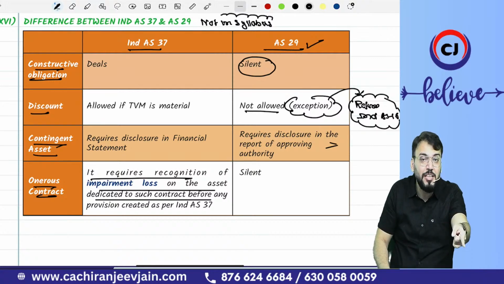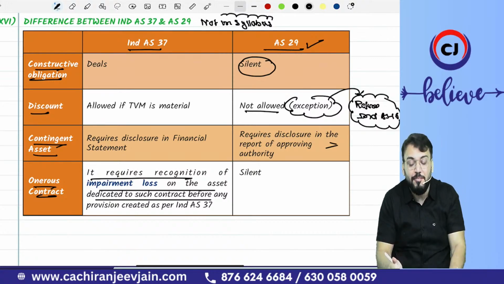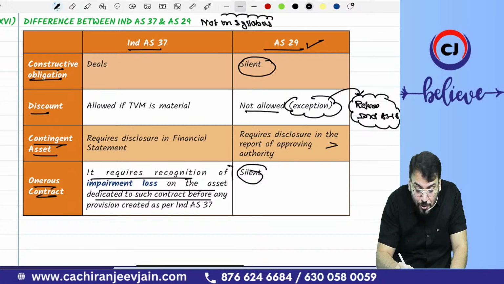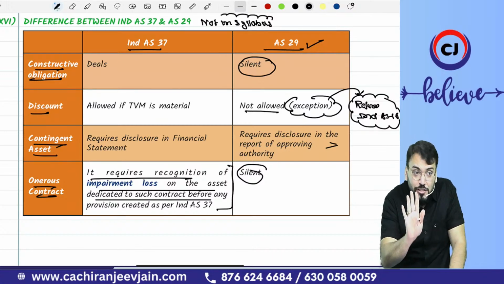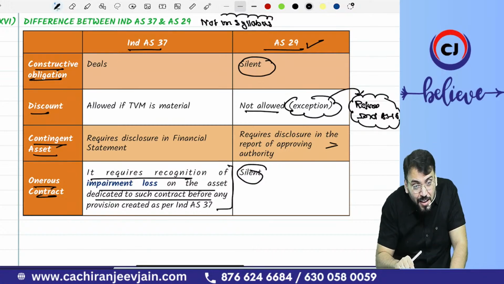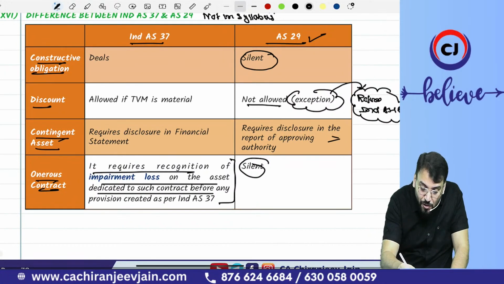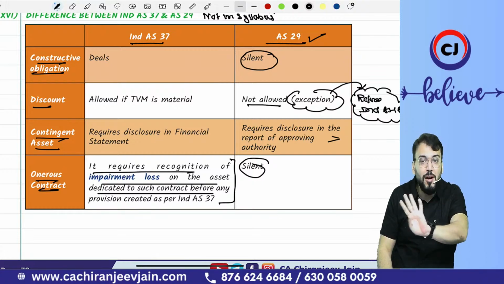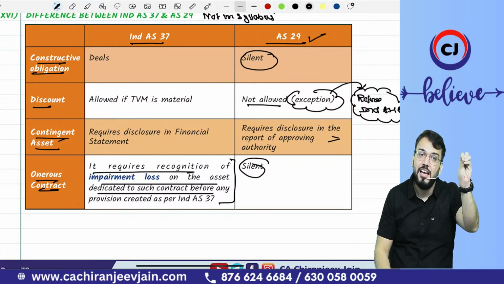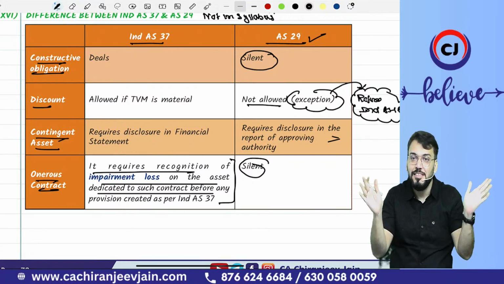One special point we have done. However, AS 29 was totally silent about this para. They discuss onerous contract, but on this para AS 29 was silent. Understood? These are only four differences. Apart from that, AS 29 and Ind AS 37 are the same.